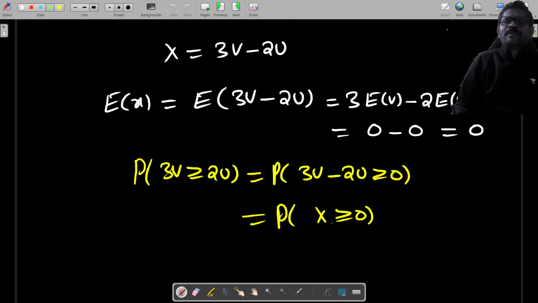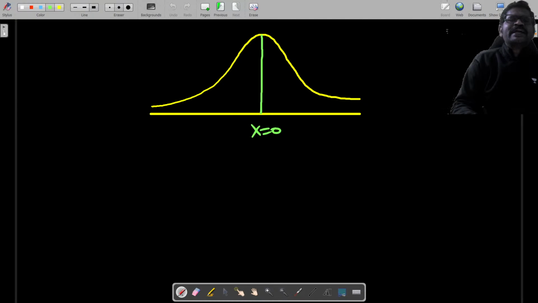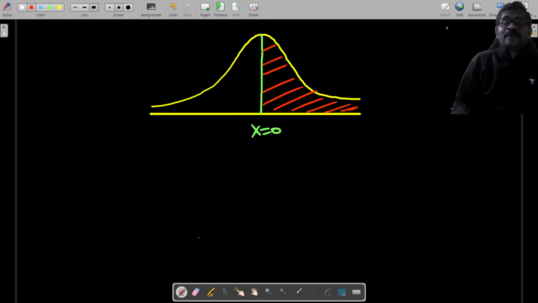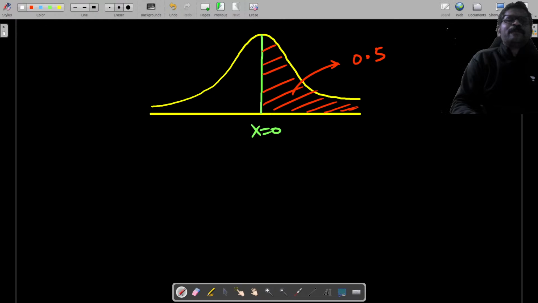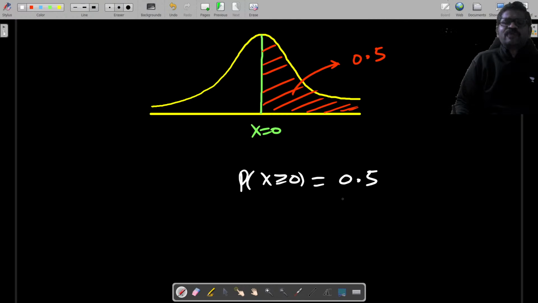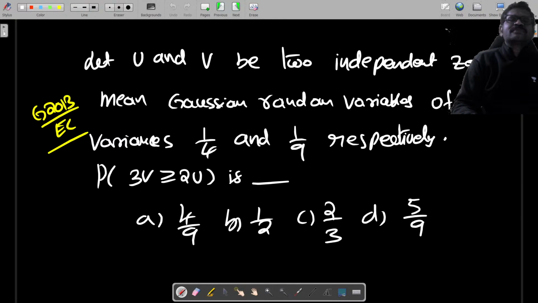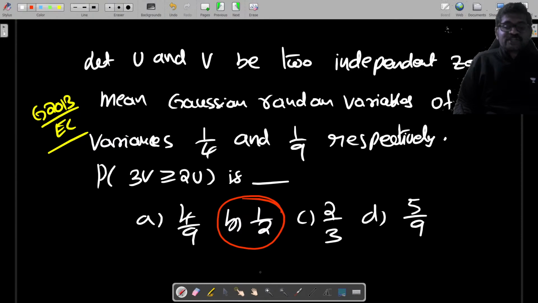Greater than or equal to 0 means the right side of 0, this part. By the property of the normal curve, the left side of the mean and the right side of the mean, the probability is 0.5. Therefore, the probability of x greater than or equal to 0 is 0.5. So the correct answer is 0.5 or 1 by 2 in this problem. Understood?